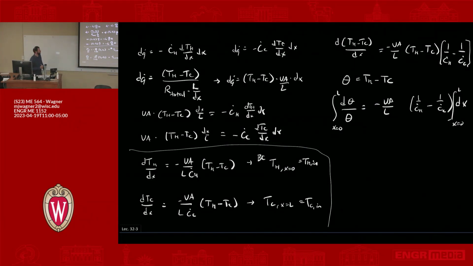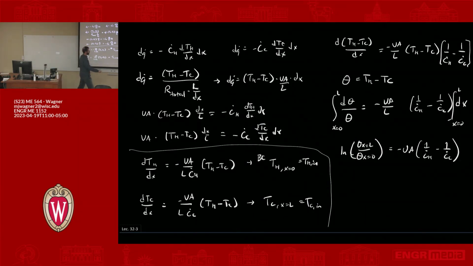So log of theta at L minus log of theta at 0 is the same thing as the log of the ratio of those two. So log of theta at x equals L divided by theta at x equals 0 is equal to minus UA times (1 over C dot H minus 1 over C dot C). The L went away because of the integral of x. Finally, we got rid of L.